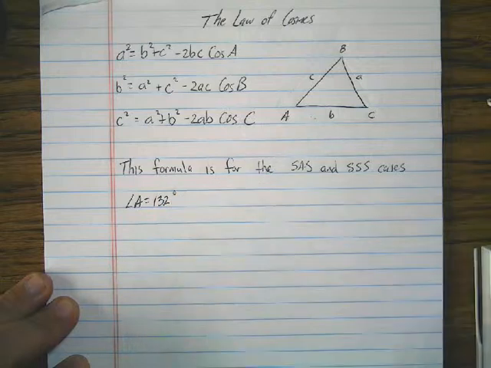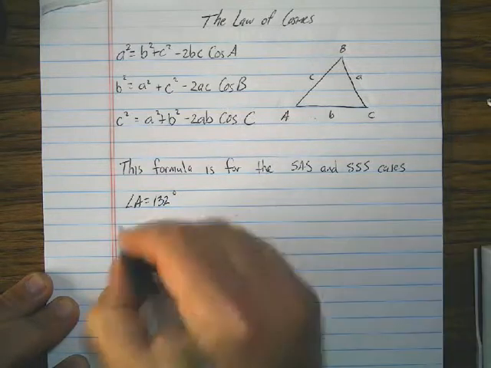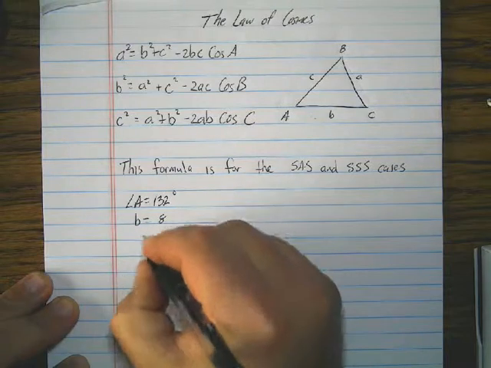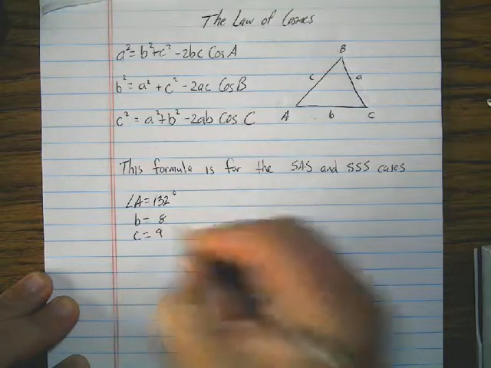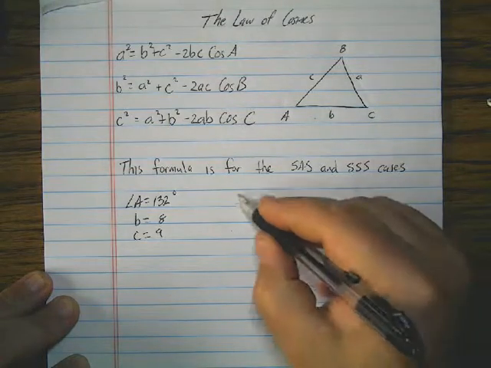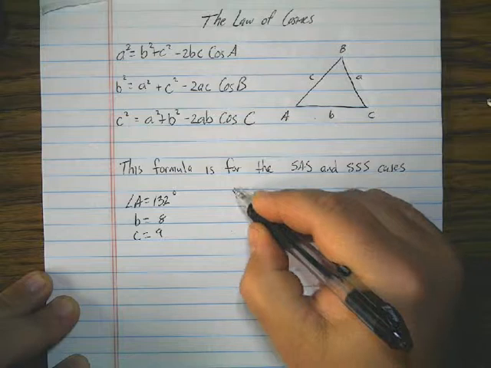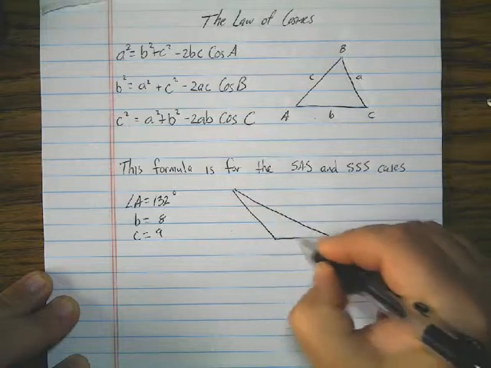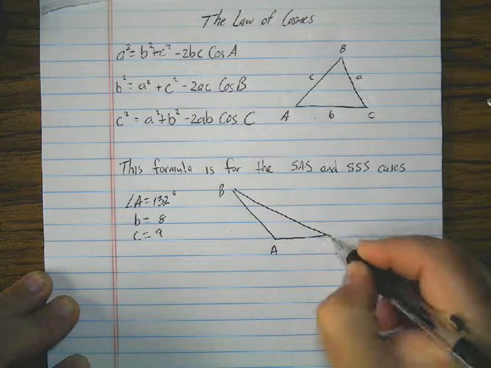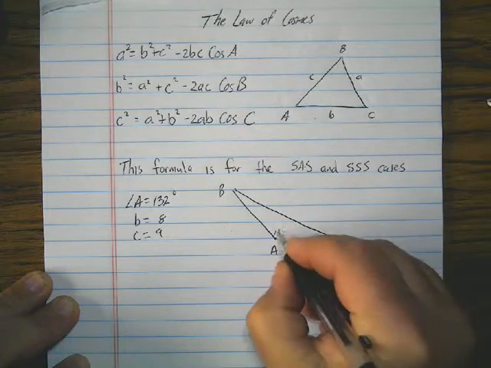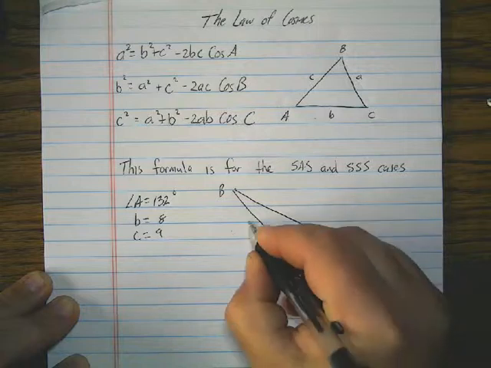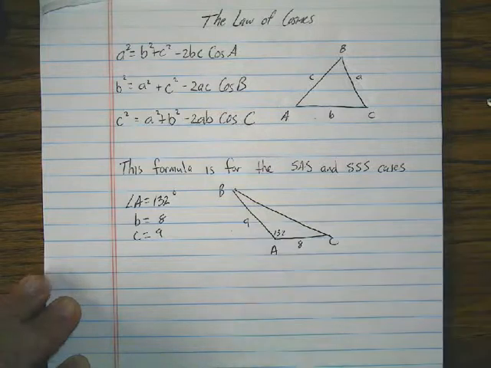If we draw the triangle out roughly, and I call this A, B, C, we know that this is 132, this is 8, and this is 9. This is a side angle side case, so we know we're going to use the law of cosines, and what we're looking for at first is this side right here, side A.